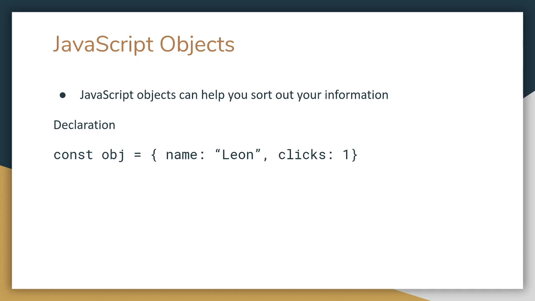JavaScript Objects. So JavaScript Objects can help you sort out your information. So your const, and just a simple declaration is const obj equals to the object, which includes the name, which is Leon, and the clicks, which is 1. So the two braces help denote that it's an object.